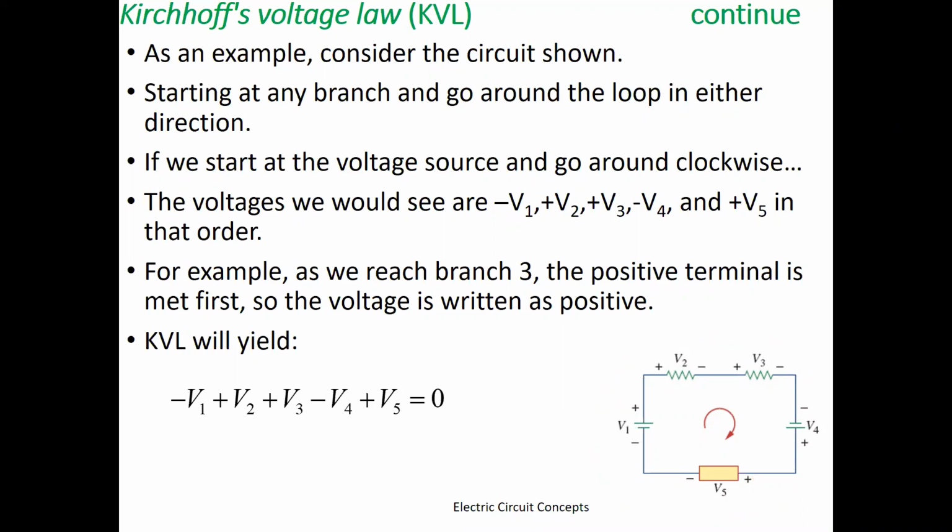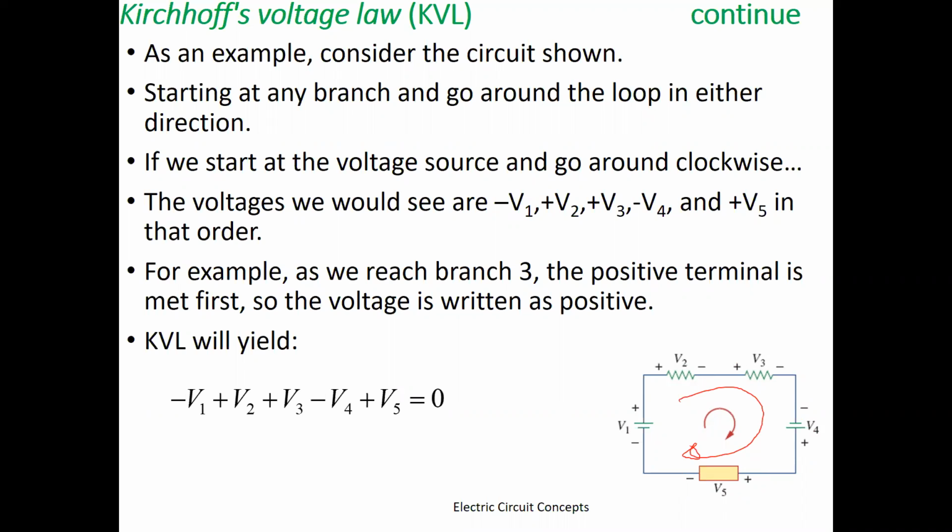Those polarities are very important here: plus, minus, plus, minus. And the choice of the clockwise direction. Sometimes you want to assume the current direction either clockwise like this or anti-clockwise like this, but most of the time people prefer to assume current going clockwise.